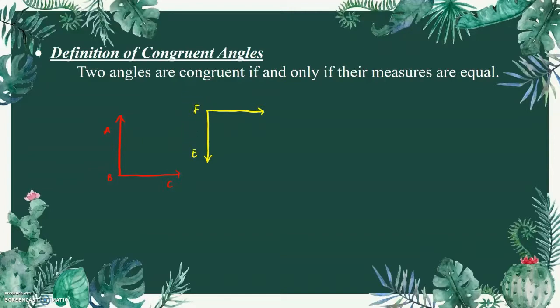This is angle ABC. And this is angle EFG. Alright? Now two angles are congruent if and only if their measures are equal.